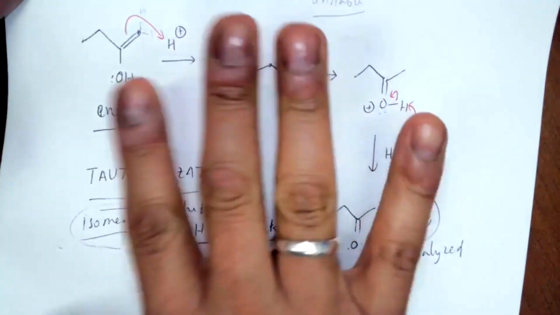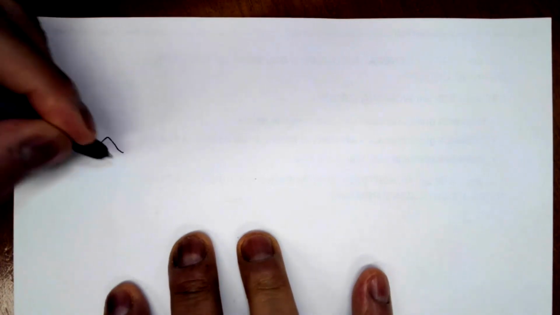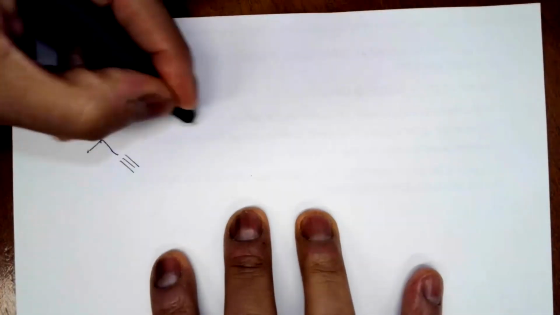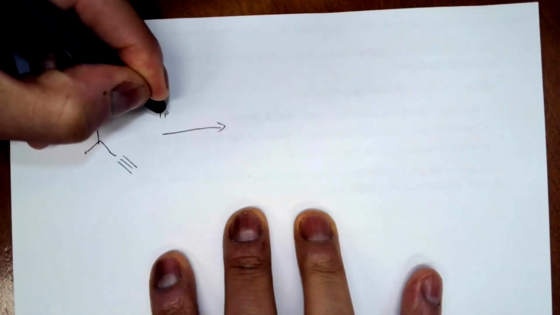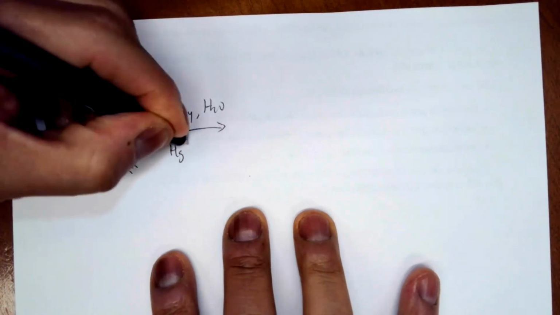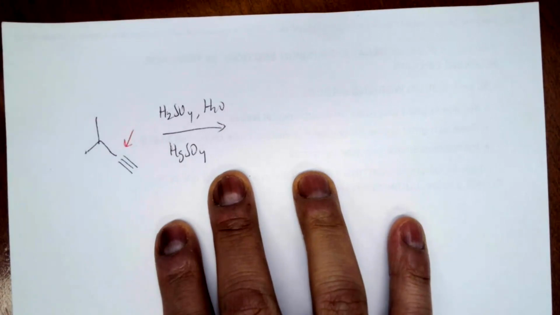We will also do the same thing in basic conditions. So in acid catalyzed, that's what we get. I'm going to give you some other examples for acid catalyzed. Let's say that I have this particular alkyne. If they tell me sulfuric acid, water, mercury sulfate, this one is my Markovnikov carbon.